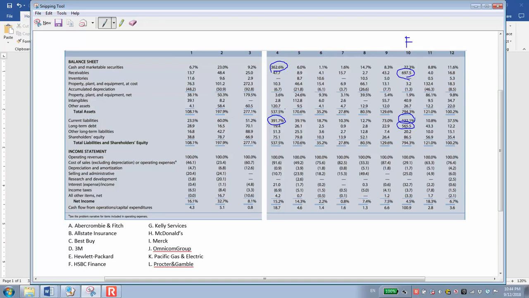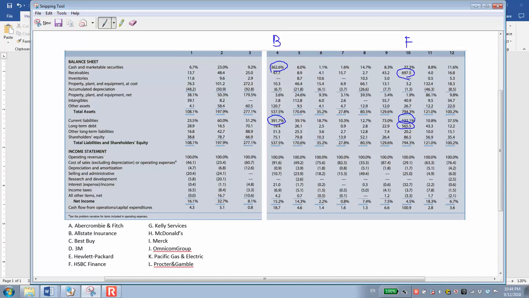So this is a typical pattern for insurance companies and banks. Here I mark the company B, which is Allstate Insurance.